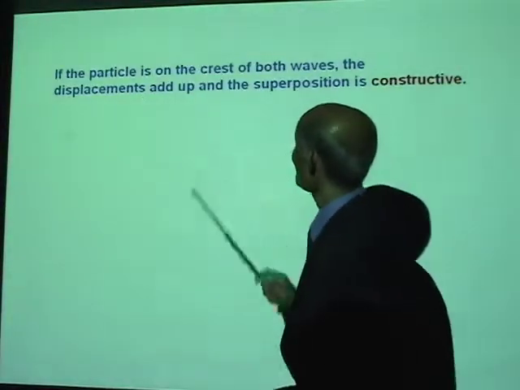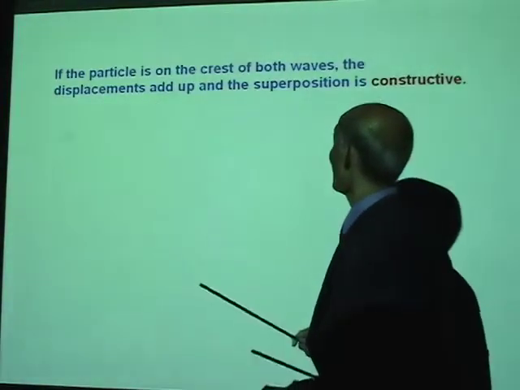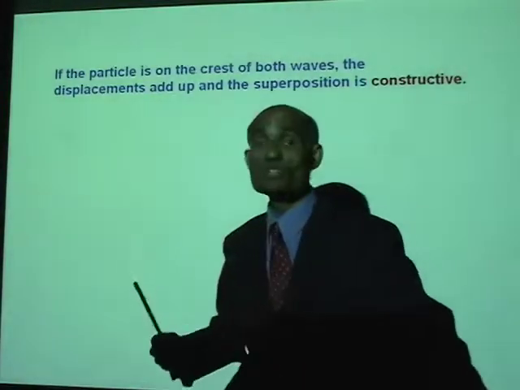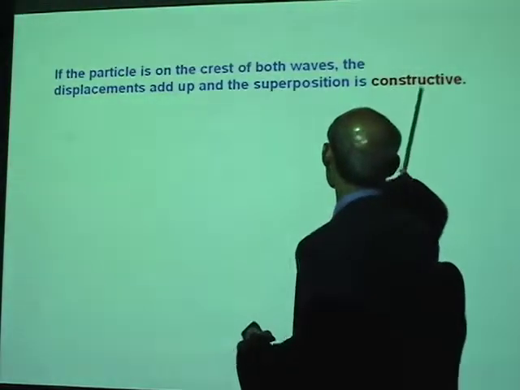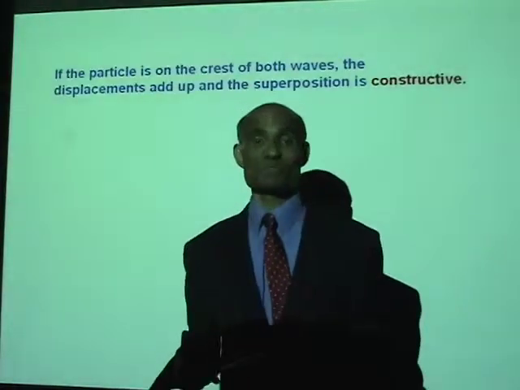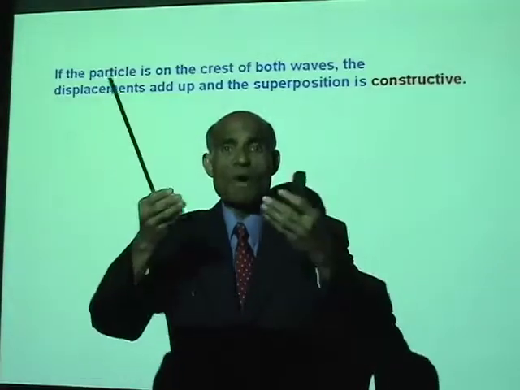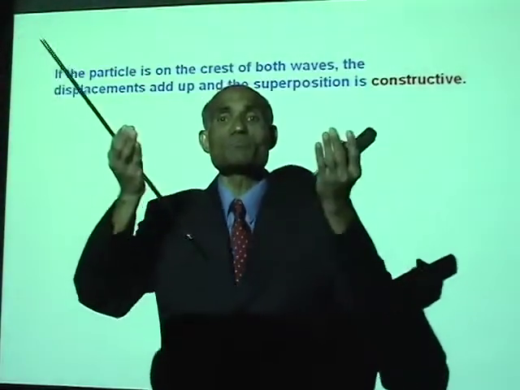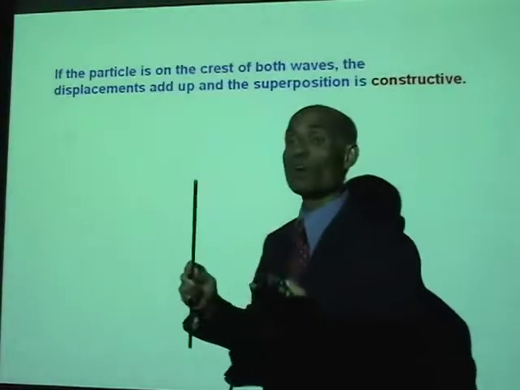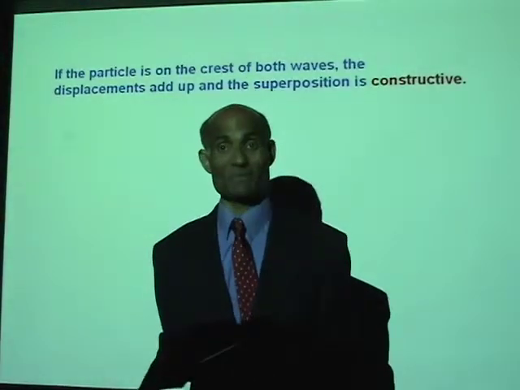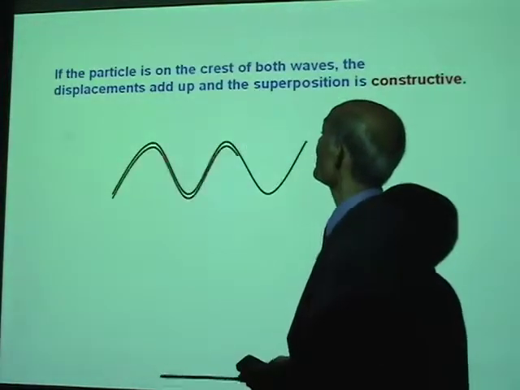Now, if the particle is on the crest of both waves, the displacements will add up, and the superposition then is said to be constructive. So, two different waves meeting at one point can either be constructive or can be destructive. Once you understand this, then understanding of the waves will be very simple.